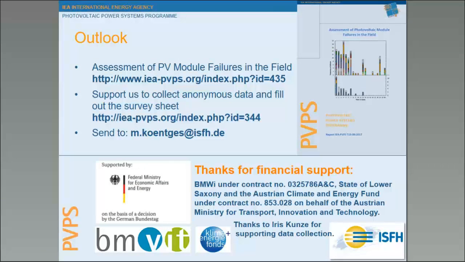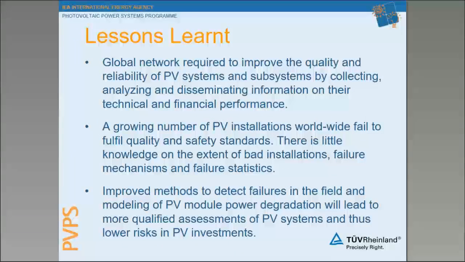If you have data to share and would like to contribute to this work, you can find not only the results in this report in Chapter 3, but also the data collection tool on the website, and we will be happy to receive your input.